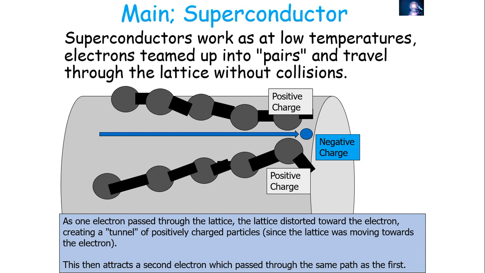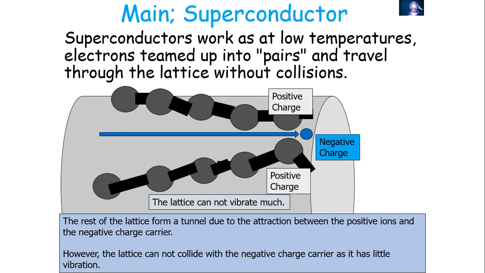So therefore, every other electron that travels through that lattice will be attracted to that area of positive charge because negative and positive charges attract. So this attracts the second electron, which will pass through the same path as the first one. Now, because it's already gone through that path, it's in essence cleared the way for any further electrons to travel through that path without any collisions.